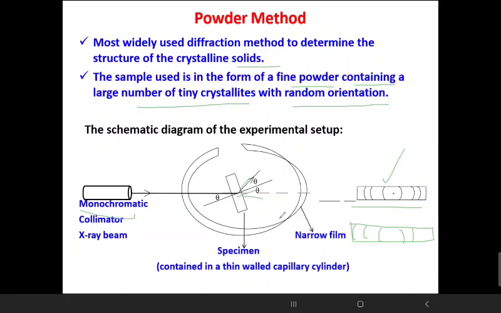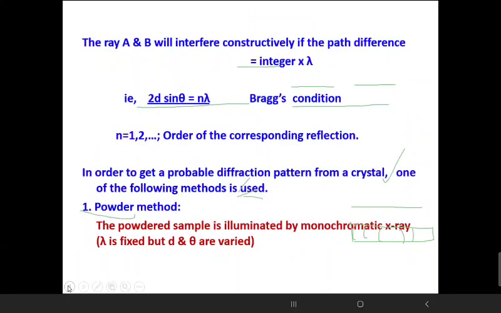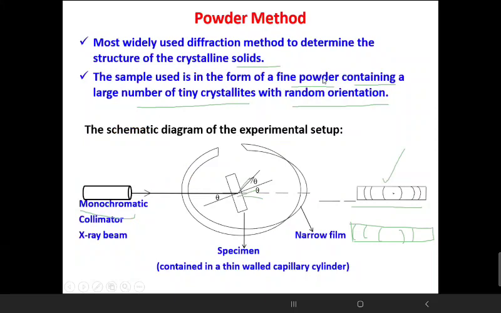Why are we using random orientation? Because here d is varying. d is not equal, d is varying. That's why we are using random orientation.